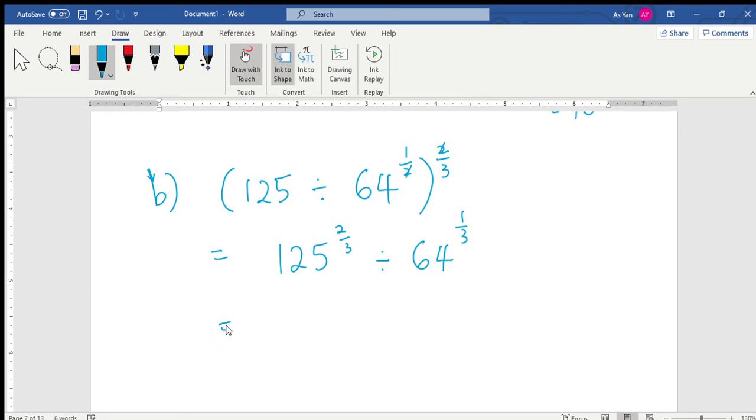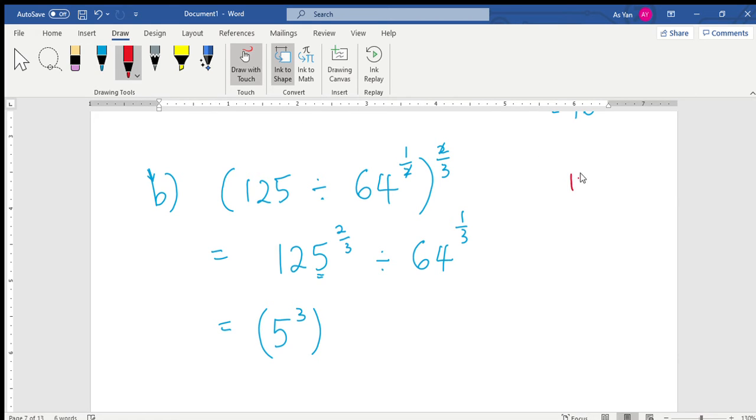You can see that there are many methods. You can use the base, change to base 5. When we have 125, we can use 5 to the power of 3 equals to 125.